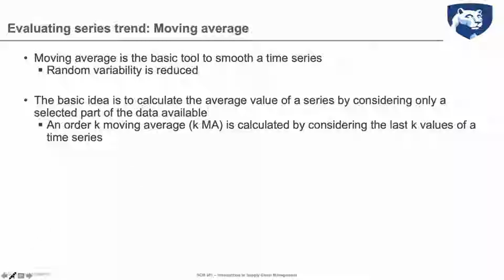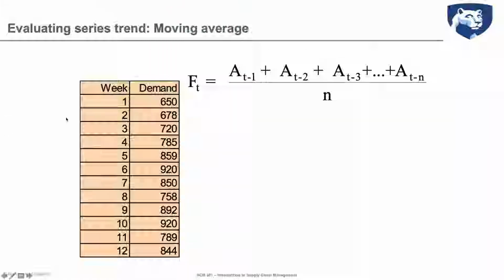The first one is the moving average, which is simply, given a time series, a technique that smooths the variability of the time series by getting the trend hidden in the data, by averaging k values of the series, where k is decided by the analyst. As you can see here, an order k moving average is calculated by considering the last k values of a time series. And in class, we have seen this example.